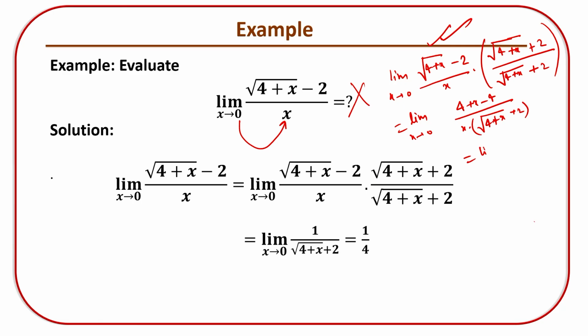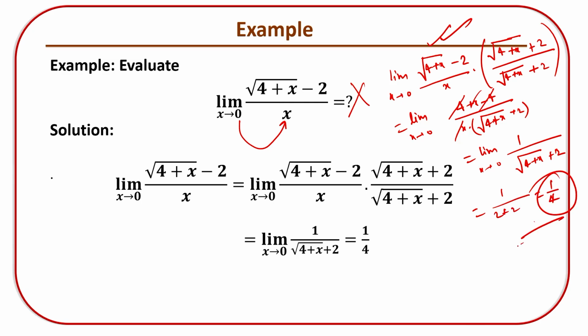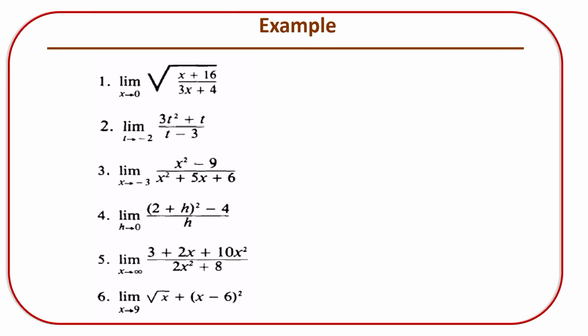So, this will become limit x tends to 0, 1 divided by, x is canceled out, 4 cancels out, and this comes out to be square root of 4 plus x plus 2. So, this will be 1 divided by 2 plus 2, equal to 1 by 4. That is our answer.